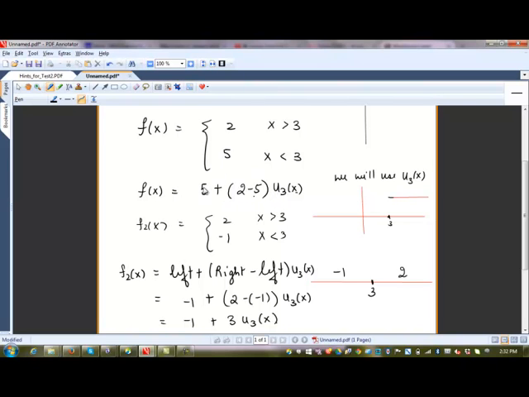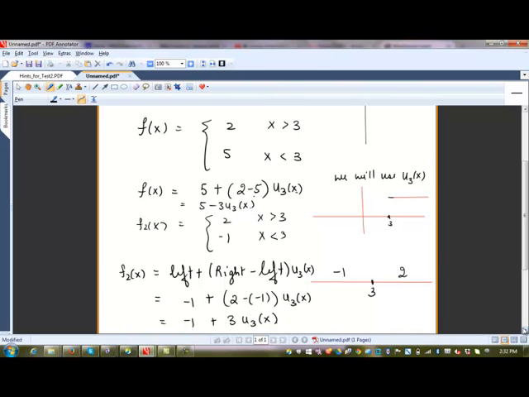So you always keep this value right here, the left value. Is it making sense or no? Yeah, I just got confused which way u3 was 1 and which way it was 0. u3 is the step, basically. I had it in the opposite direction. Okay, so this turns out to be 5 minus 3u3(x).